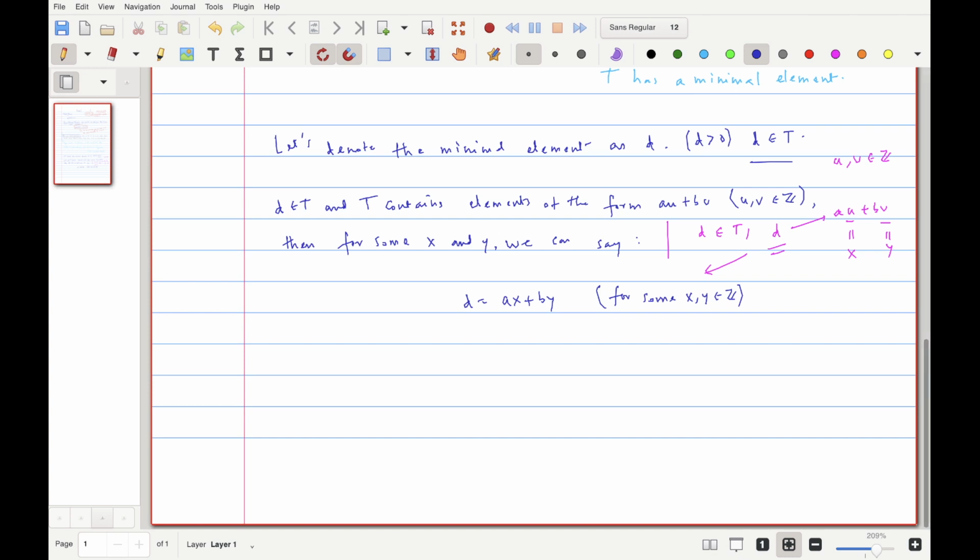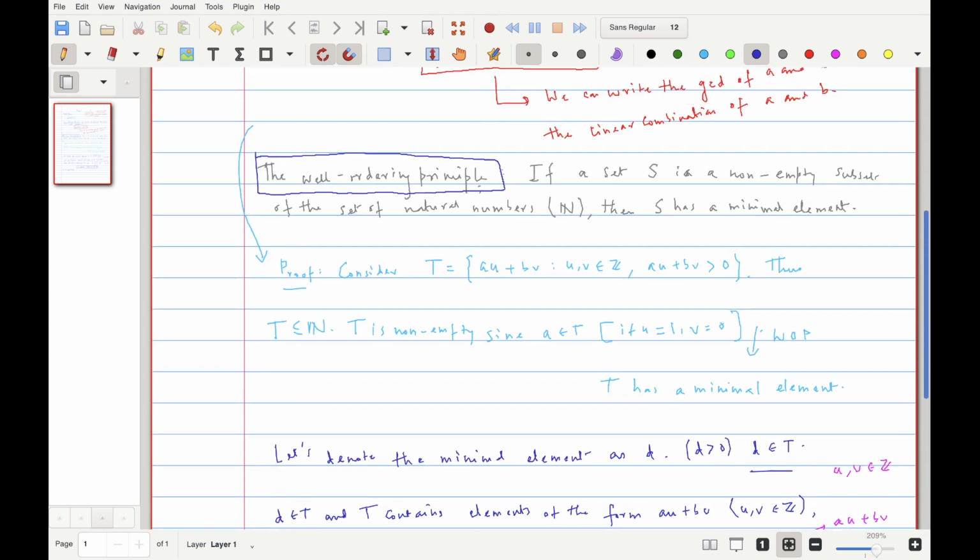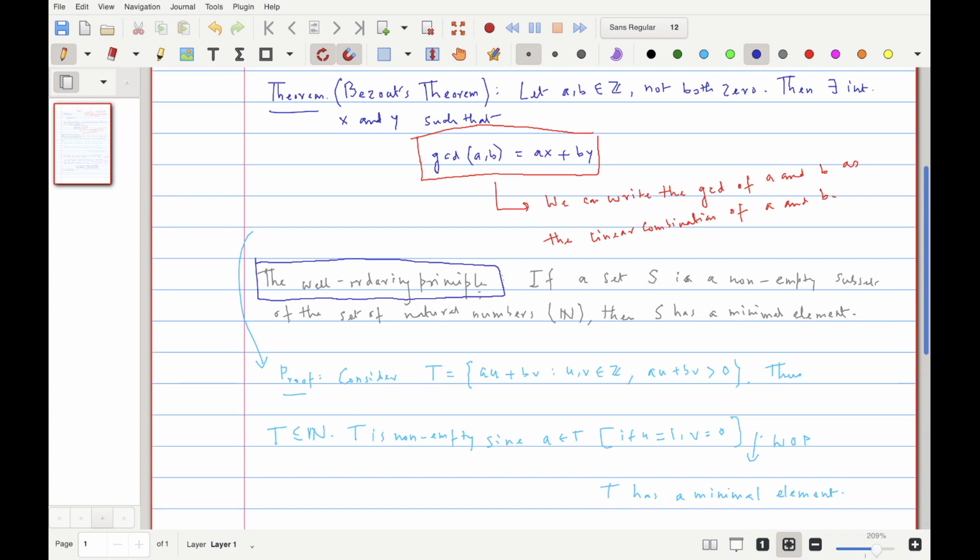So now we have achieved one thing: we have shown that D equals AX plus BY for some integers X and Y, right? But we are lacking something. The next part we need to show is that D equals GCD of A and B, because Bezout's theorem wants us to show that if A and B are integers, not both of them 0, then there exist integers X and Y such that GCD of A, B equals AX plus BY.